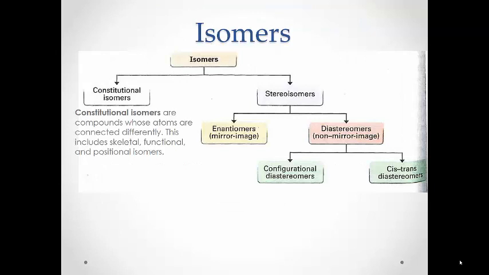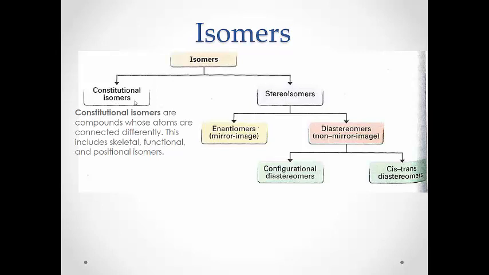So first of all, your isomers. There are two main categories. You've got your constitutional isomers or your stereoisomers. Your constitutional isomers are compounds whose atoms are connected differently. So constitutional or structural isomers is what we're talking about here.